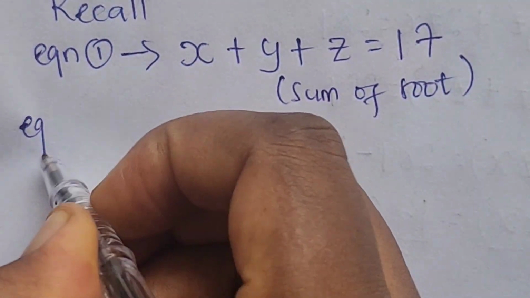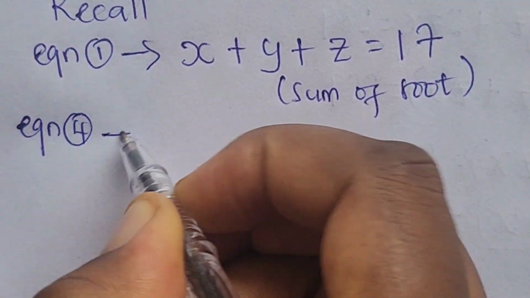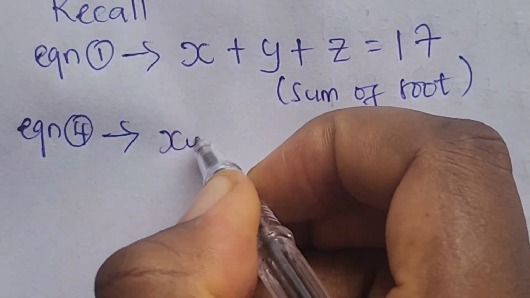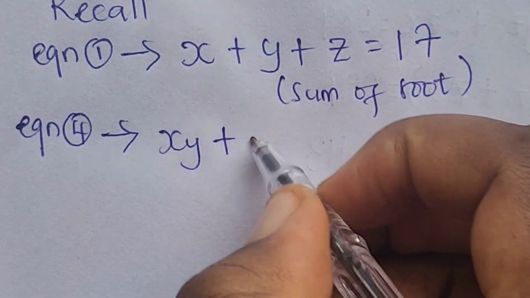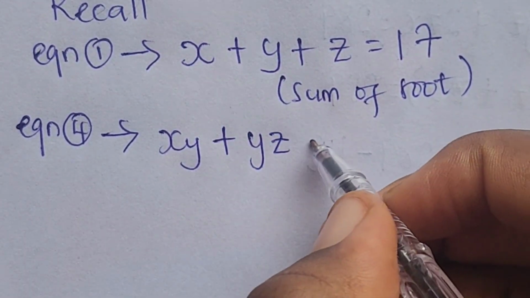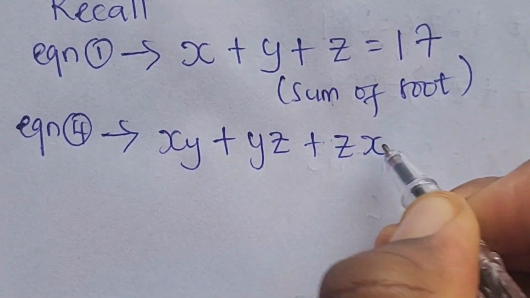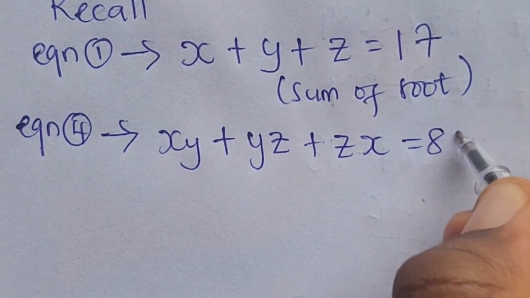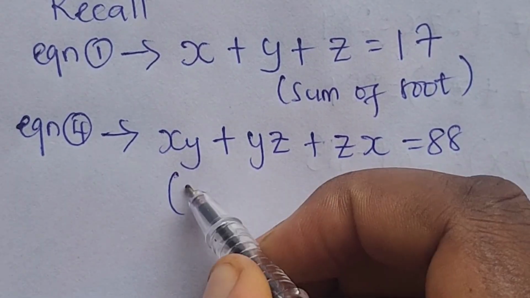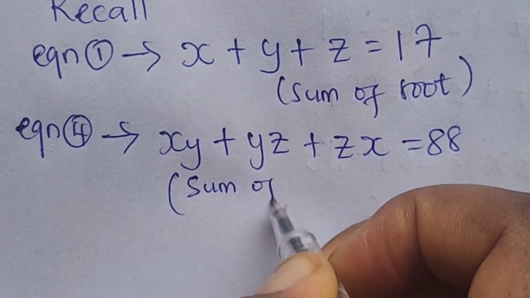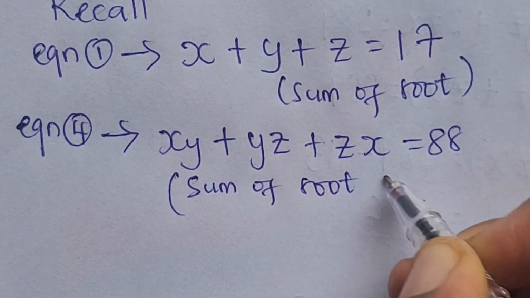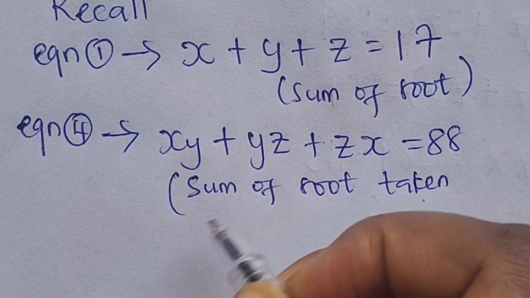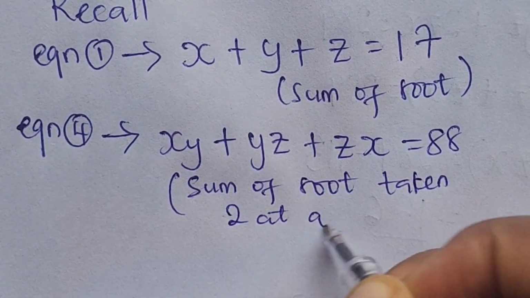We have equation 4, where xy plus yz plus zx is equal to 88, and this is the sum of roots taking 2 at a time.